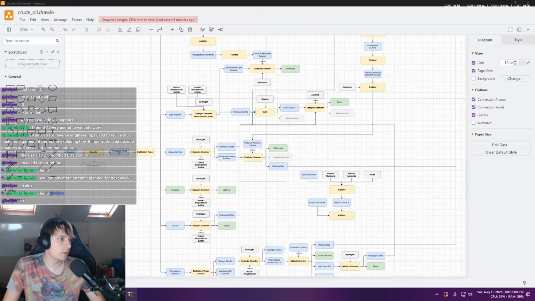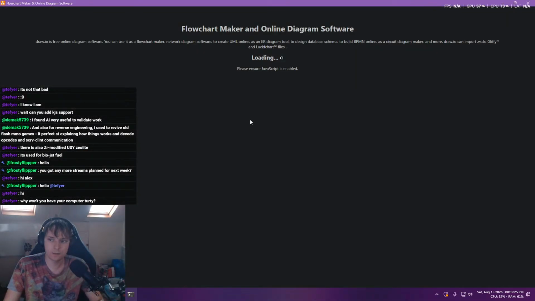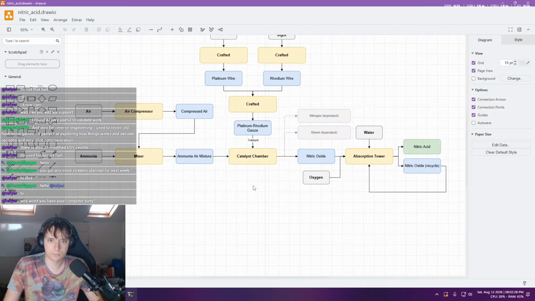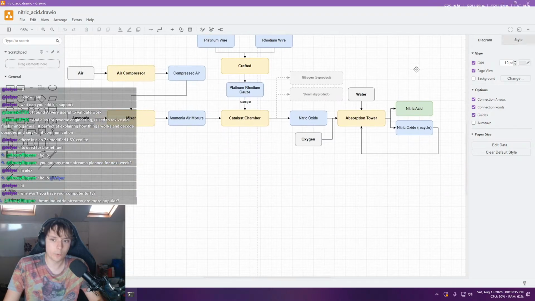What am I looking for? Ammonium nitrate. Yes. So I need to look in programming, Java, Minecraft, Industria. I think it might be in nitric acid by any chance? Industrial streams were more popular, of course.